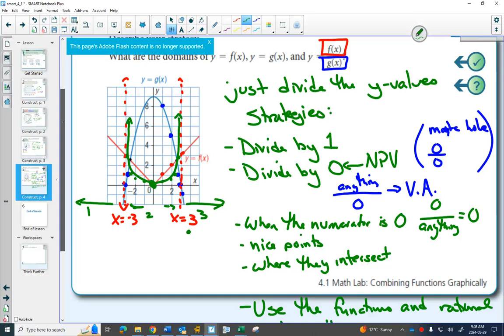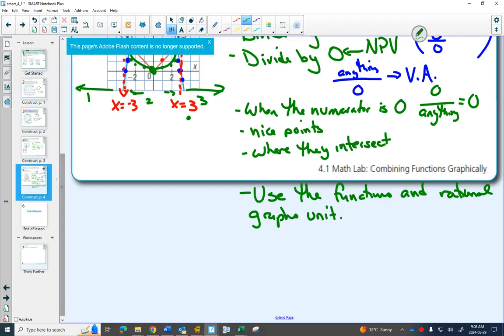On this side, in section 3, can you see that the red one is a line, a straight line? And the blue one is a parabola. So if you had in your rational functions unit a line divided by a parabola, what do you remember?